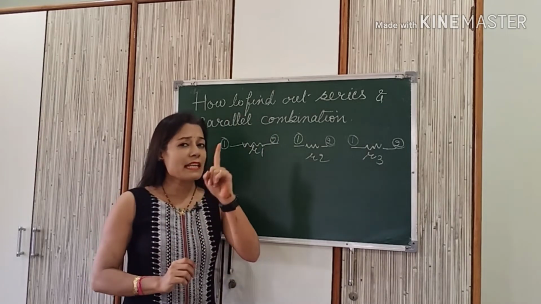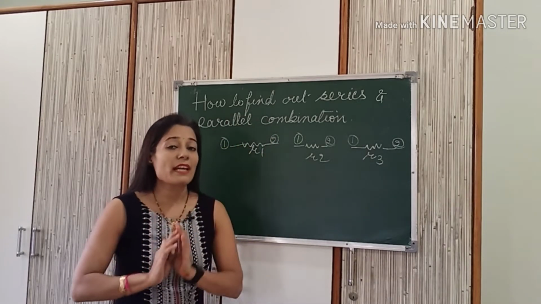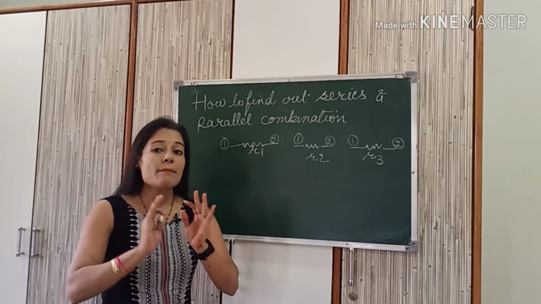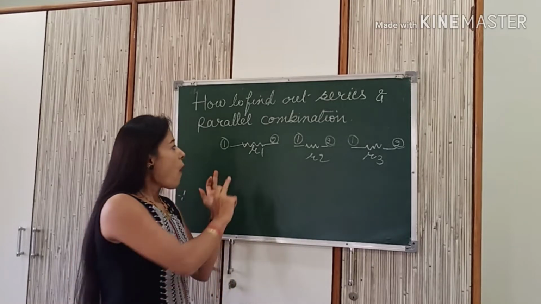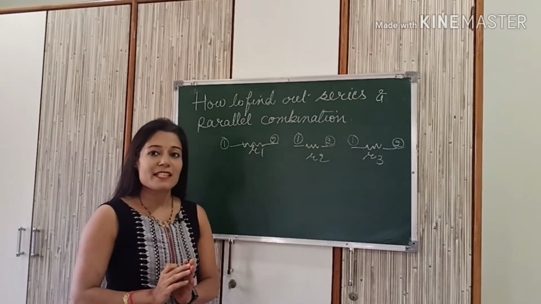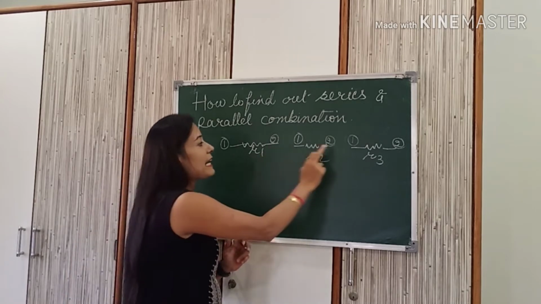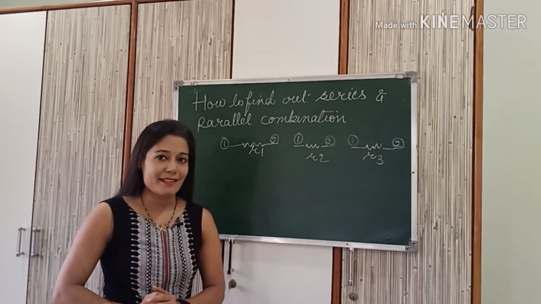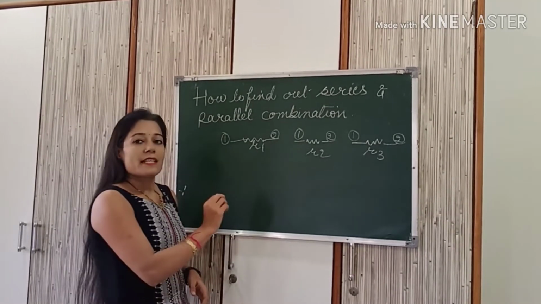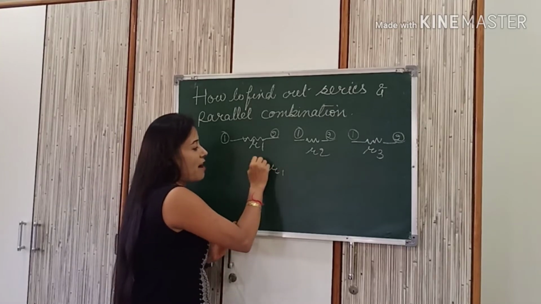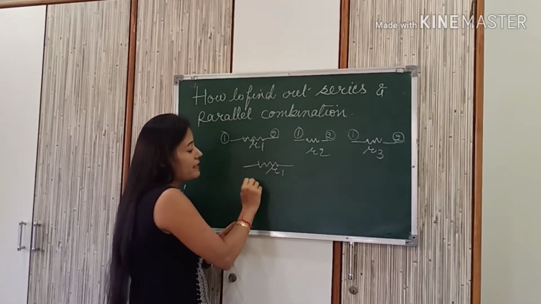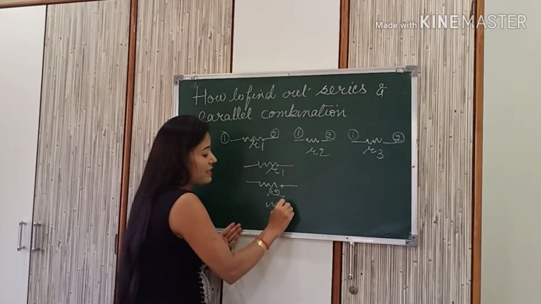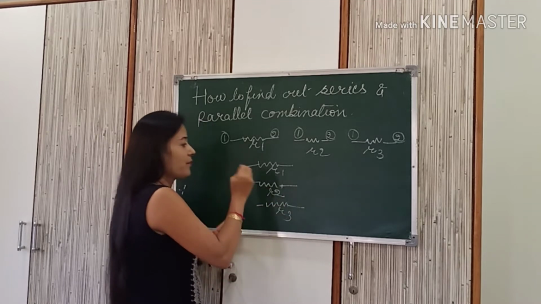So what happens in series combination? The different ends were connected, but the opposite happens in parallel combination. Similar ends get connected. So all the first ends will be connected and all their second ends will be connected in a parallel type of combination of resistances. Suppose this is resistance R1, this is resistance R2, and this is resistance R3.